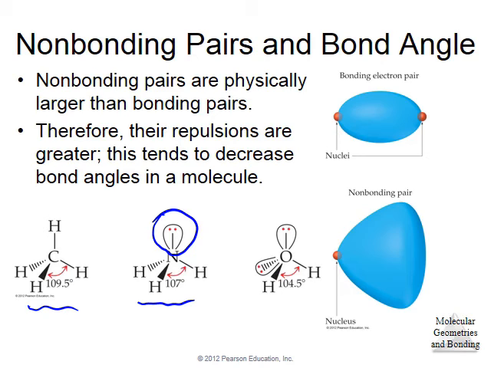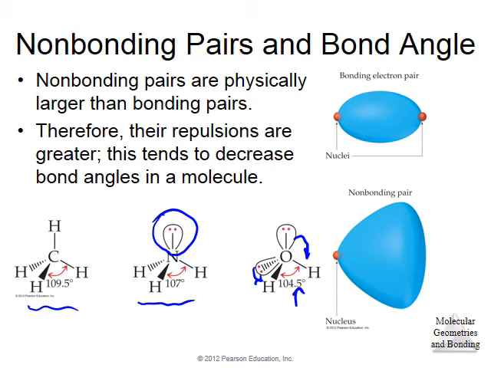Normally, you'd expect 109.5, but these unshared electron pairs or non-bonding electron pairs push those bonding electron pairs to a smaller angle. So this angle is no longer 109.5, rather it's slightly smaller than that, and that's why it's 104.5. You don't need to memorize these angles, especially those smaller angles smaller than 109.5.